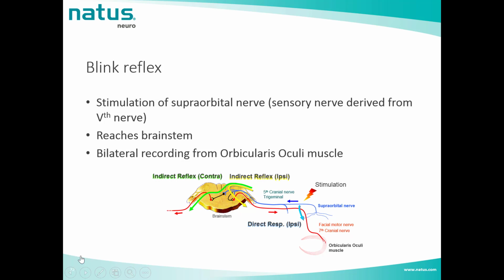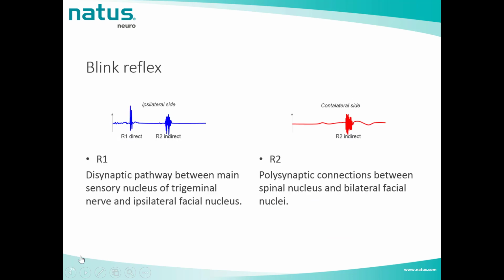Out of this stimulation, we record two channels, one on the ipsilateral side, one on the contralateral side, and we'll record two responses called R1 and R2. R1 is a direct response to the stimulation and therefore will be only seen on the ipsilateral side of the patient.